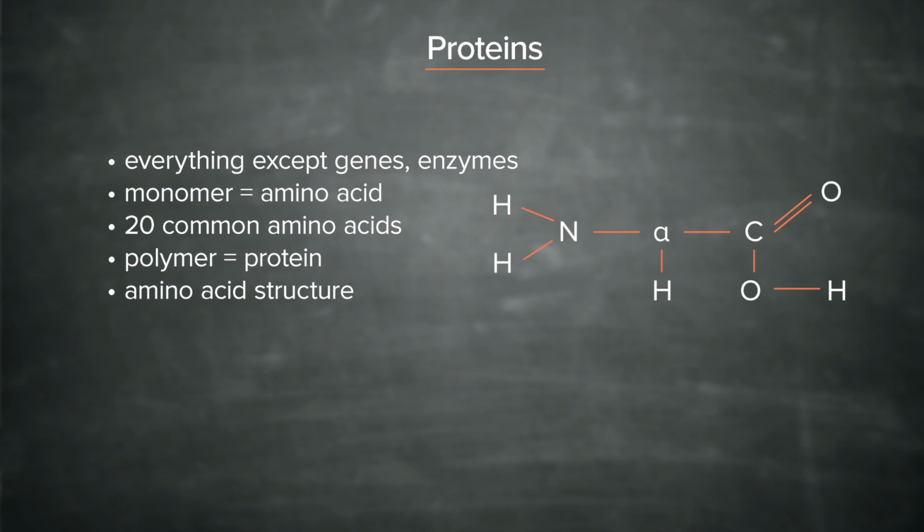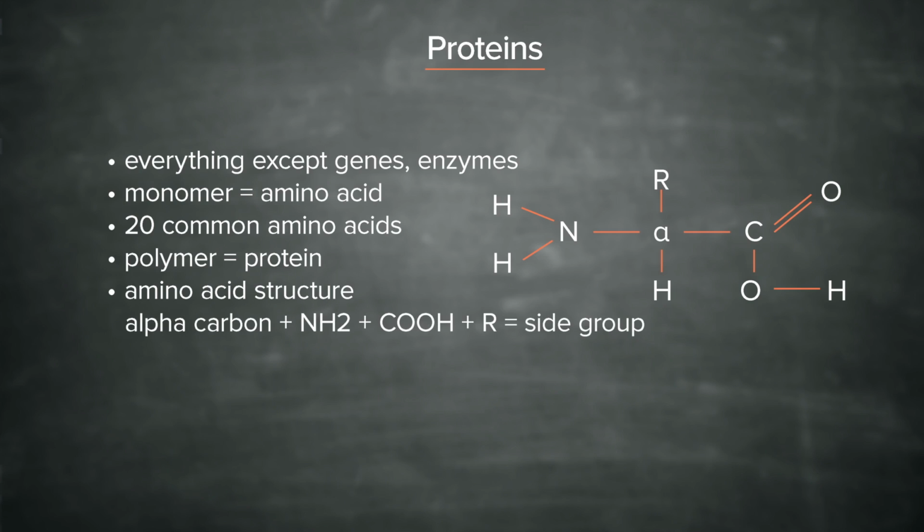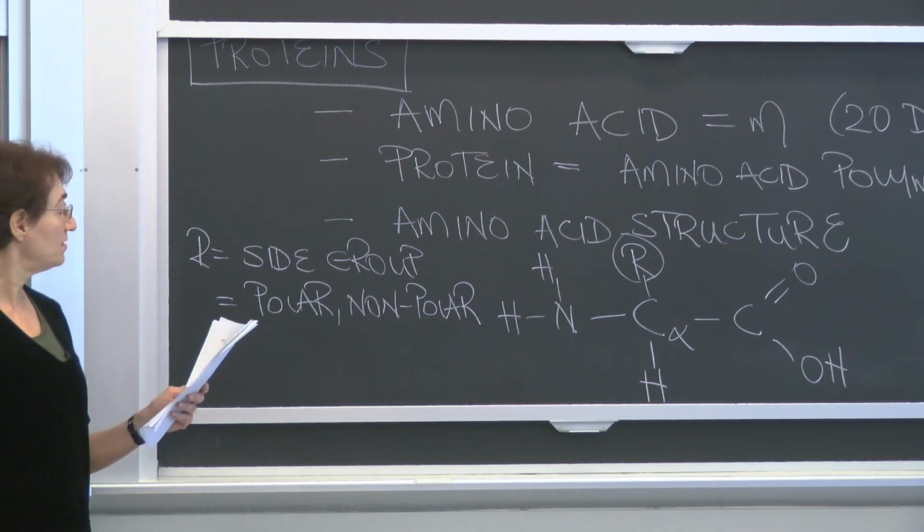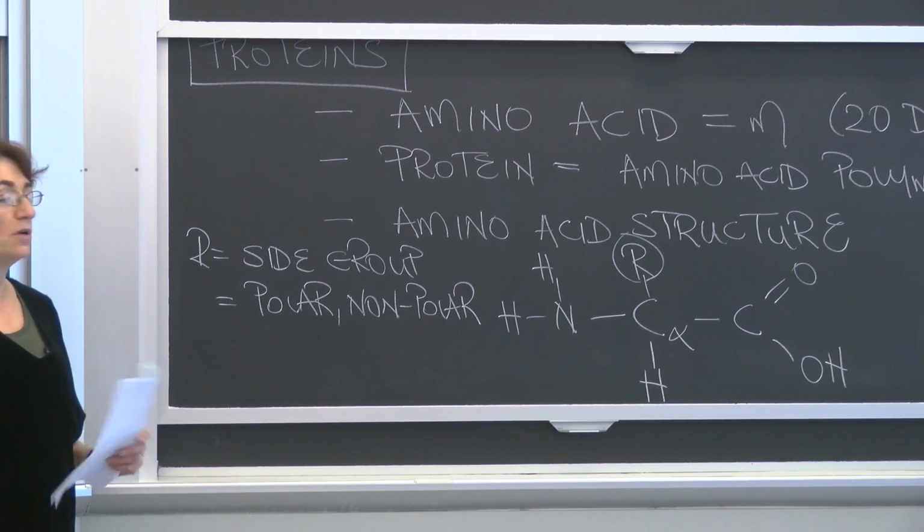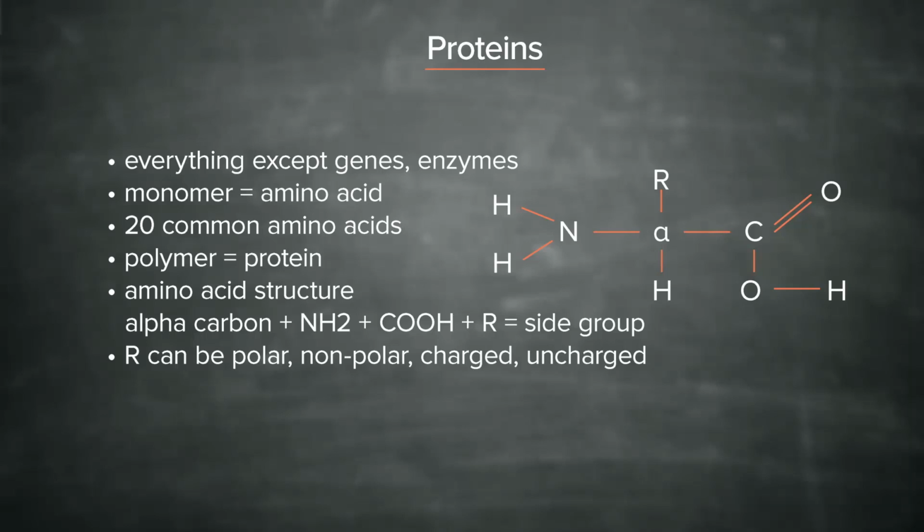And then there is this thing called R. R is a side group, and it's the side group that gives the amino acid its character. R can be polar or nonpolar. It can be charged or uncharged. And the R is really what gives the amino acids their name.